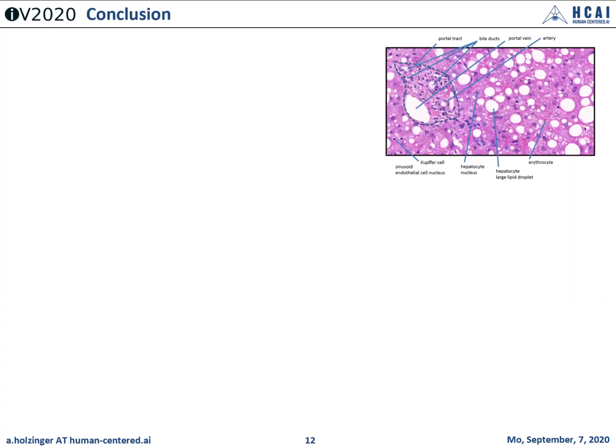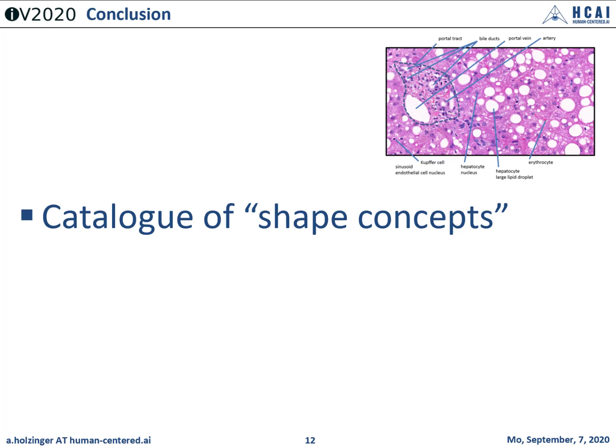So in conclusion, we work currently on generating a catalogue of shape concepts to be used in natural language descriptions and AI dialogue systems. Within such a controlled vocabulary, terms such as well-differentiated can be mapped to a specific technical feature in AI-based classification.